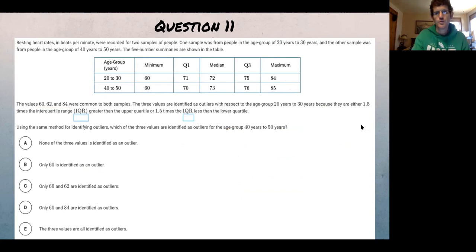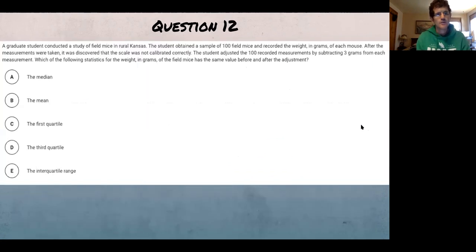Okay, next one. A graduate student conducted a study of field mice in rural Kansas. Don't you want to be a grad student? The student obtained a sample of 100 field mice and recorded the weight in grams of each mouse. After the measurements were taken, it was discovered that the scale was not calibrated correctly. The student adjusted the 100 recorded measurements by subtracting 3 grams from each measurement.